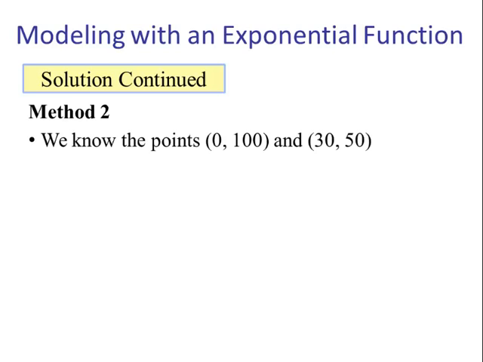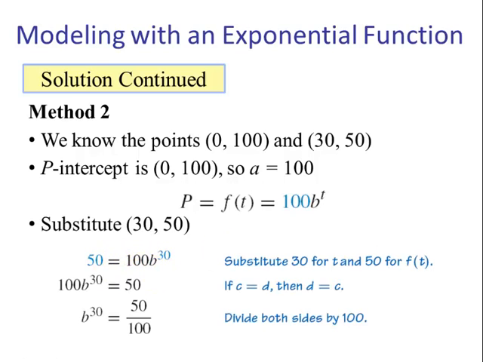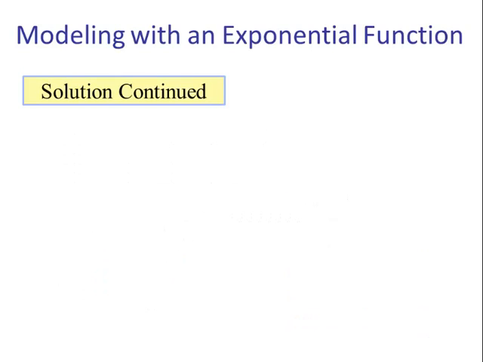Method 2. We know the points 0, 100, and we have 30 years, 50% is remaining. So the y-intercept is 0, 100, so A is 100. To find B, we use the points 30 for T and 50 for F of T. Solving this, we divide both sides by 100, and we have B to the 30th power equals 50 divided by 100, which is 1/2.